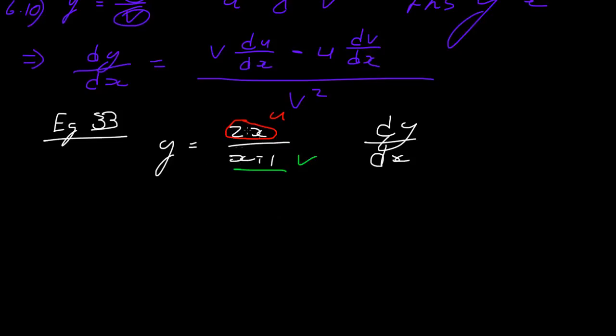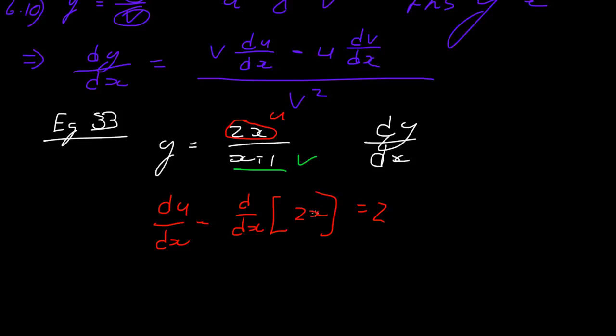Quotient means function over function, or divide basically. So we've got u, we've got v. We need to calculate du by dx and dv by dx. So let's do it. Du by dx equals d by dx of 2x, which is equal to 2.